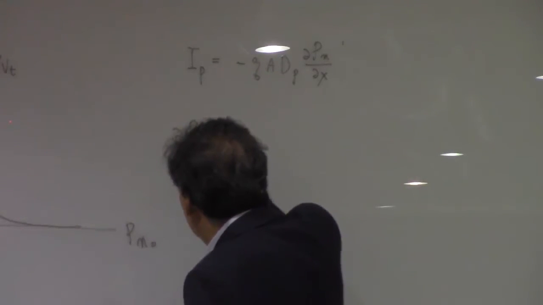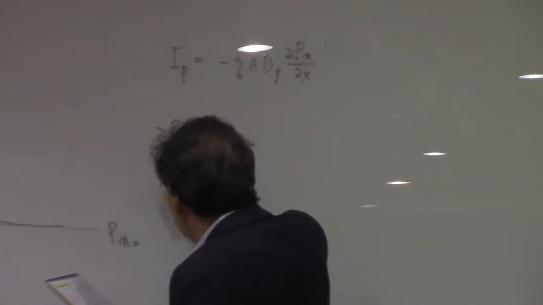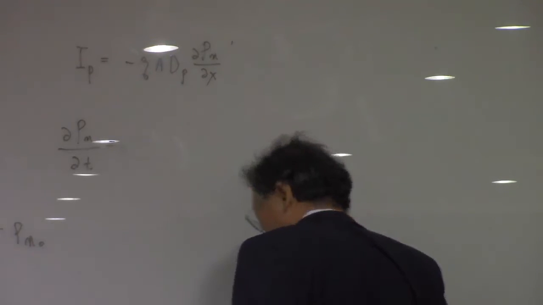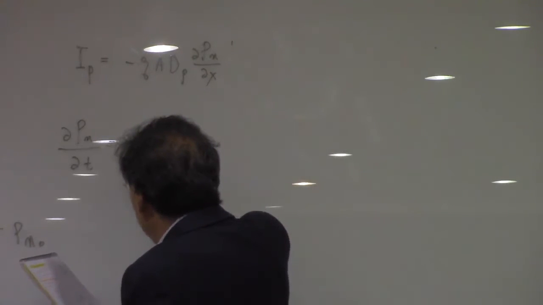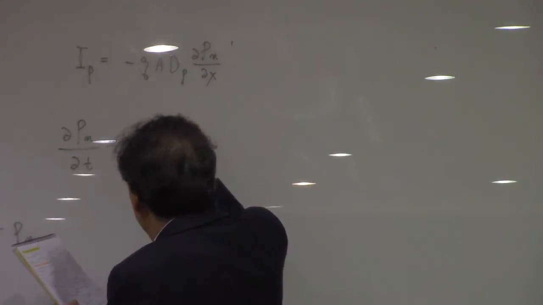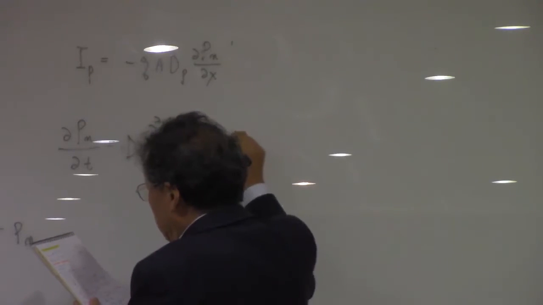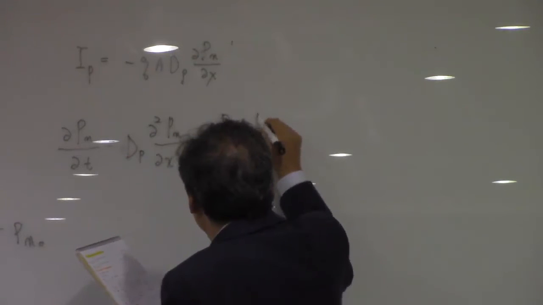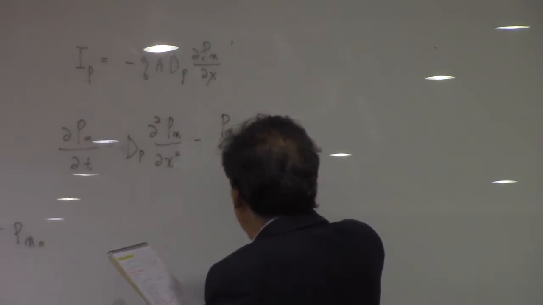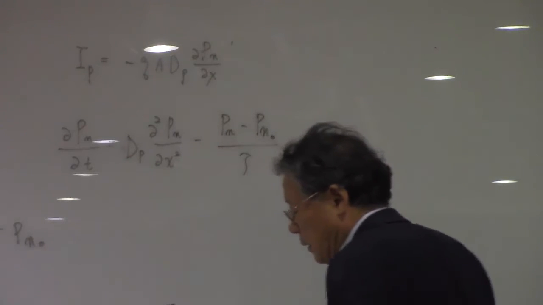And we know the continuity semiconductor equation: the second derivative of Pn, d squared P over dx squared, minus Pn minus Pn naught over tau. Right?